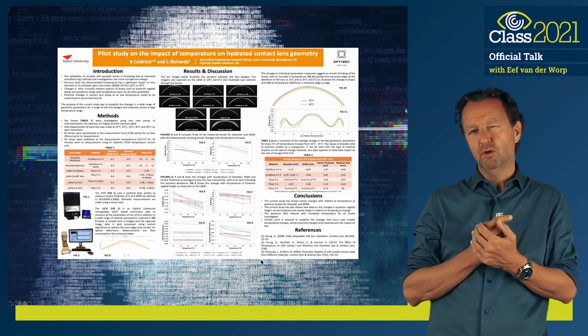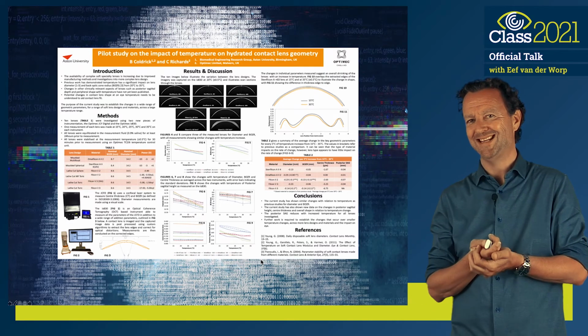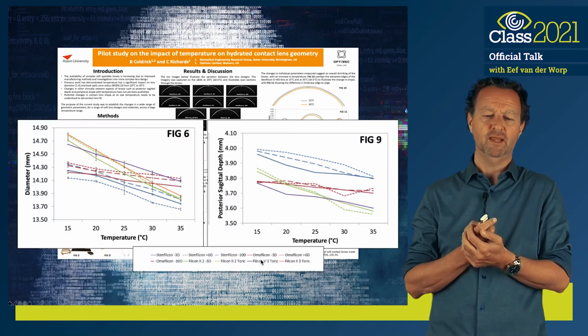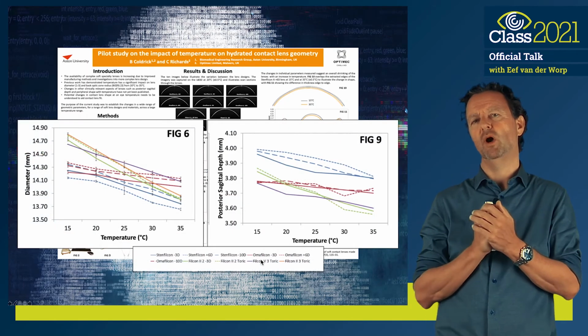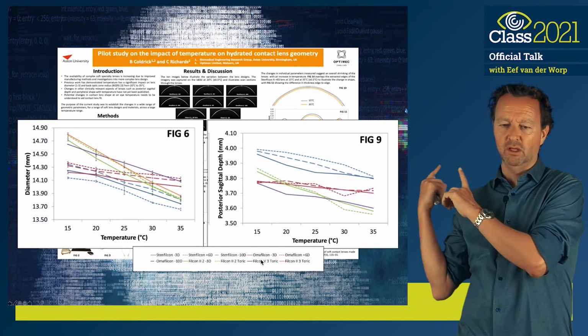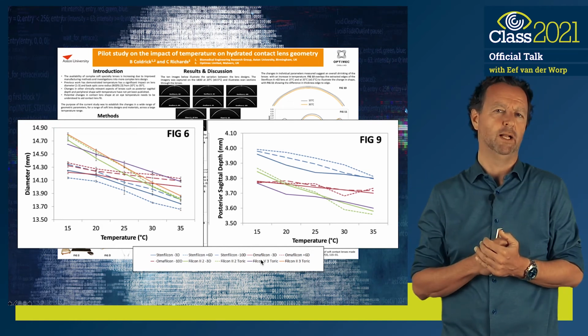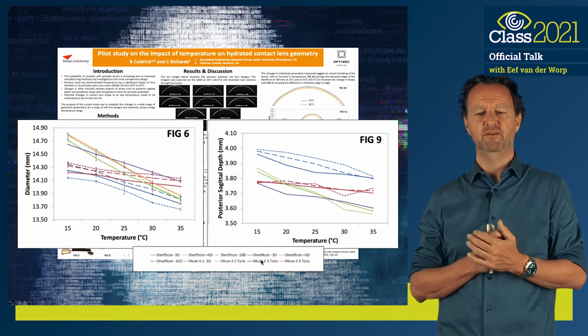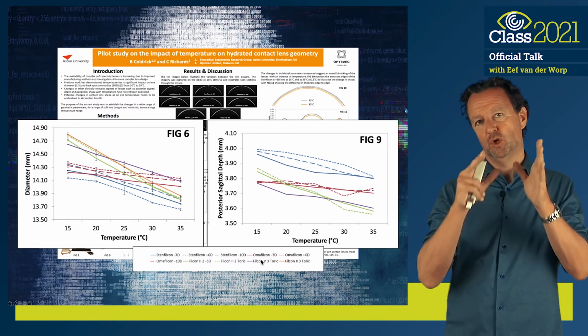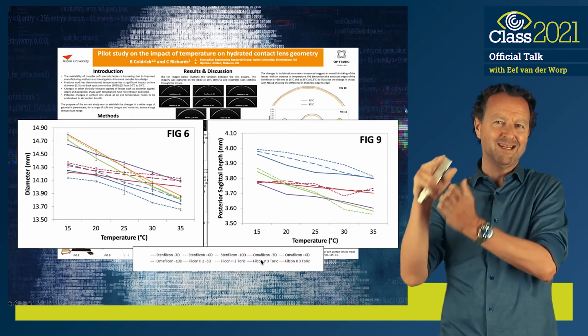Ben Kuldrick, with a poster at GSLS a couple of years ago, looked at this too, and this is the only one that I know that took a quick look at sagittal depth or height as well. And as you can see, figure 6 and figure 9 show the diameter decrease and the sag decrease.